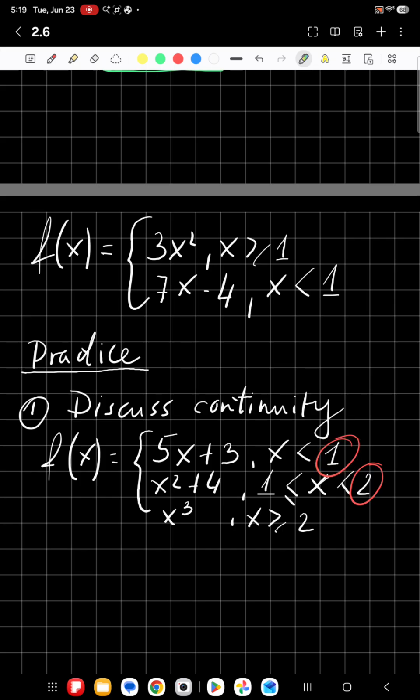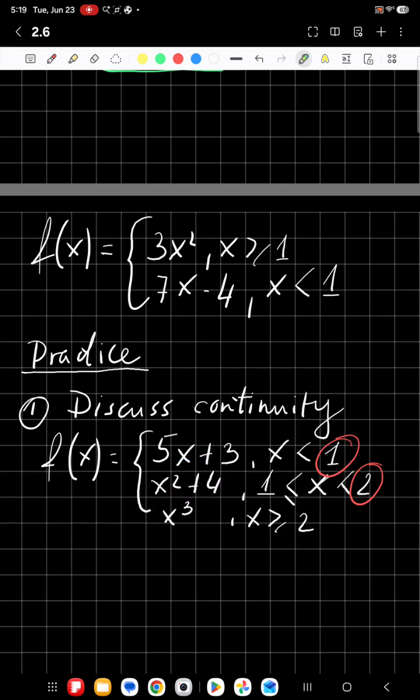Right, so 1 is part of this function. Well, not really, but also this function. So you need to check whether, for x equals 1, those two functions have the same y. And then check the same for that number 2, between these two functions.